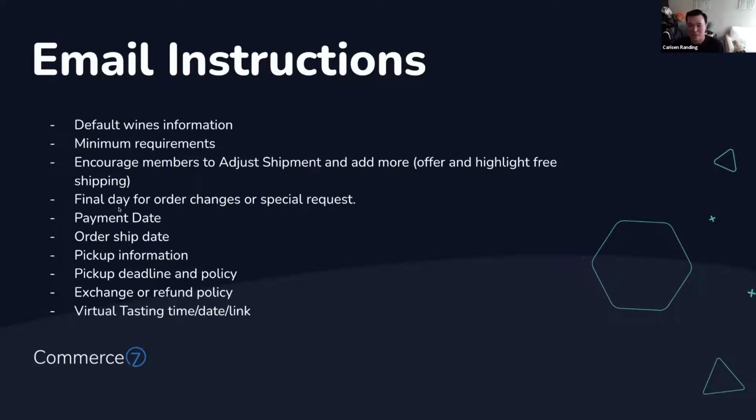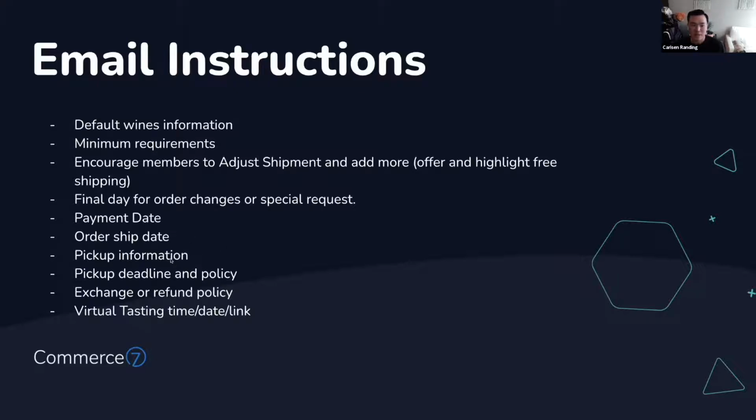And then you can make an exception for people that request after, but it's a good piece of information to include in your email instruction to sort of not have all your special requests come in at the last minute. Payment date, order ship date, so information about what your customers, your club members should expect.